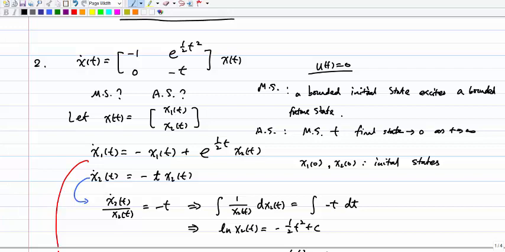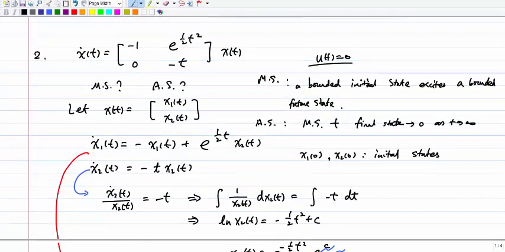This is the basic definition of marginal stability and asymptotic stability. Now I just have to find the solution to see if this is the case.